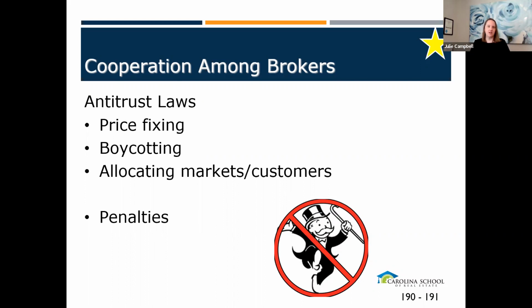How much commission am I going to get? Some of you might have just been thinking, if I send a referral to my family member in Texas, how much is that referral fee? And you noticed I haven't answered those questions yet, because Sherman antitrust laws, price fixing, says there is no set rate. There is no set commission.